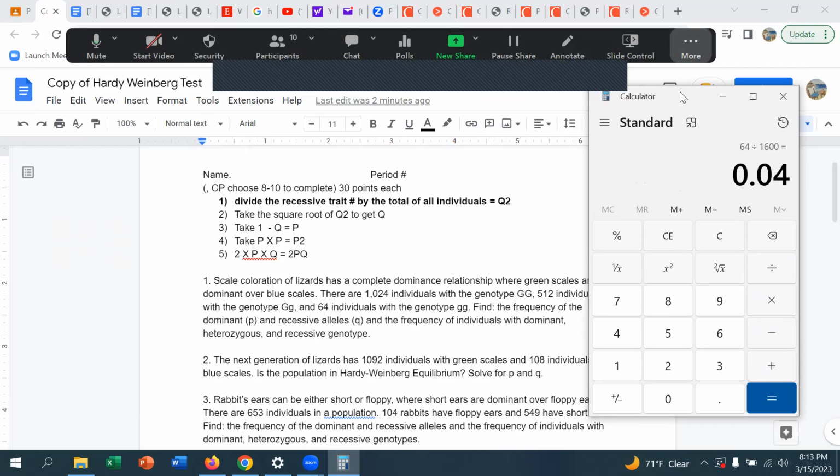Times itself, meaning. 2 times 2. Thank you. So 0.2 times 0.2. If I take the square root of 0.04, I'm going to get 0.2. Correct?